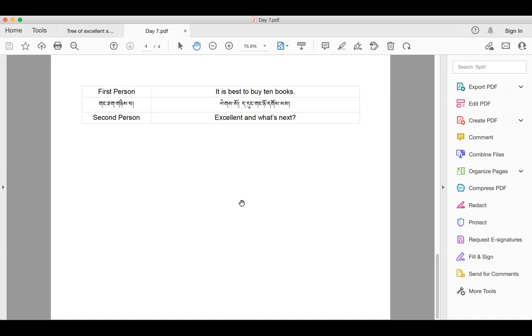Now, if we want to say, what is this? What is this thing? We would use the same particle. We would say de khang re tham or de khare re tham.